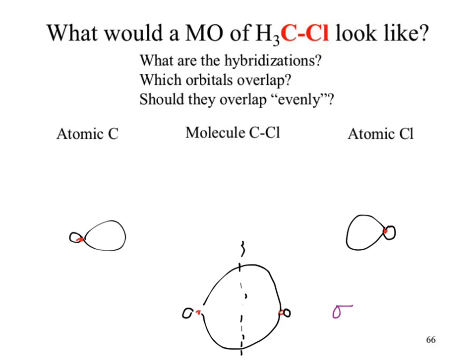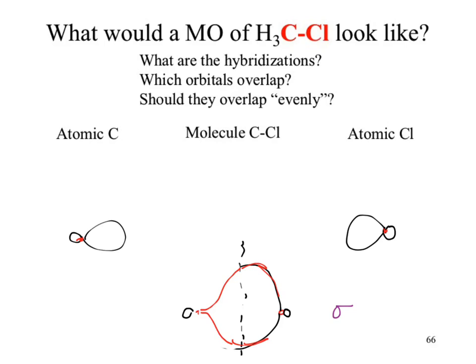Why not? Because chlorine's more electronegative. So how should I adjust my drawing? Maybe, and this is going to look horrible, but that way there's more over there anyway. It's close enough. Most of the electron density is located towards the chlorine, but it is still between them.